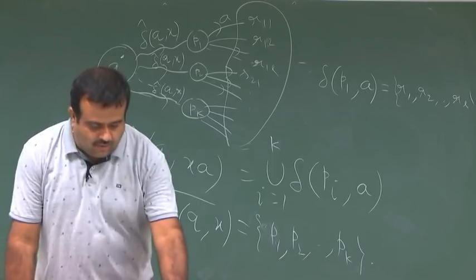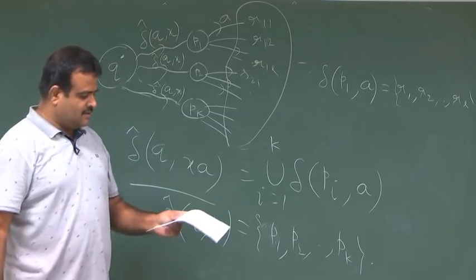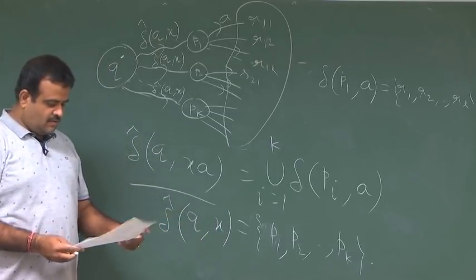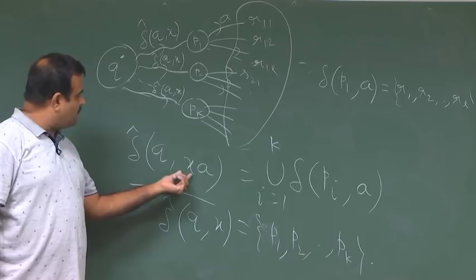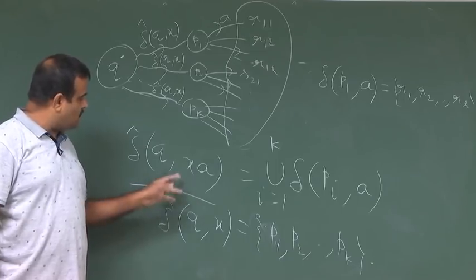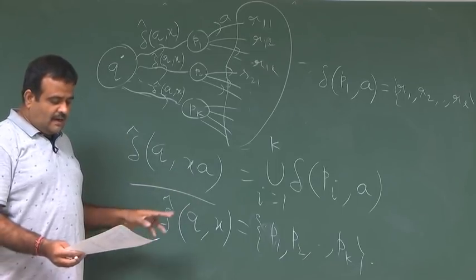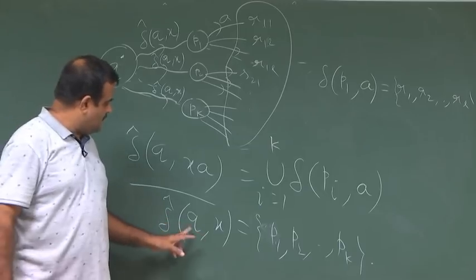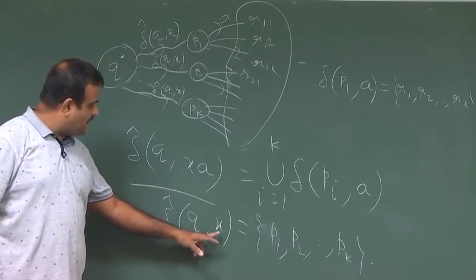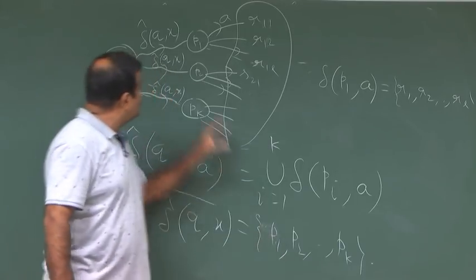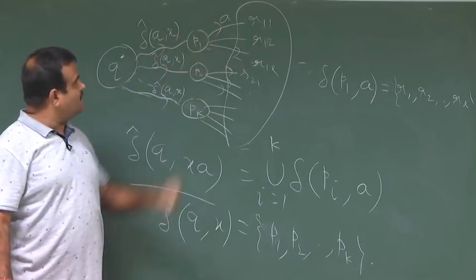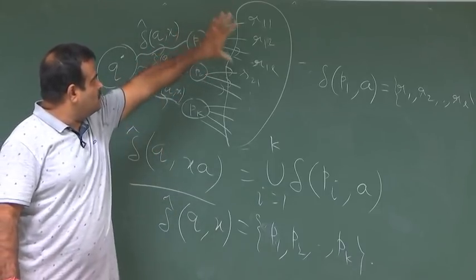So this is the way we define this. To compute delta hat of q comma xa, we first compute delta hat of q comma x, and then from those states we directly take the input a and go to many other states.